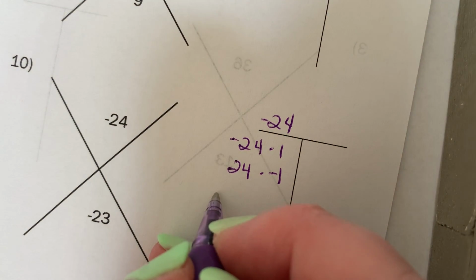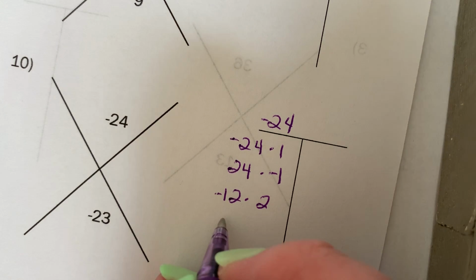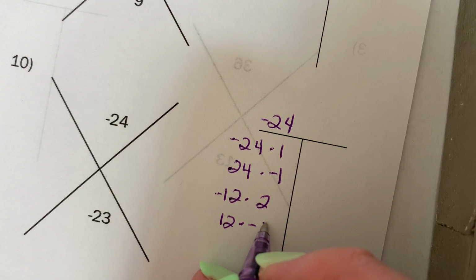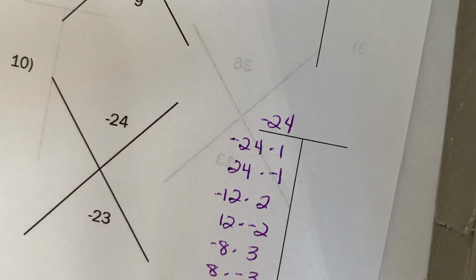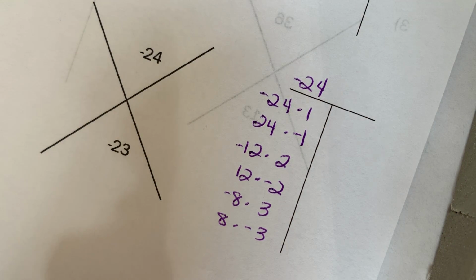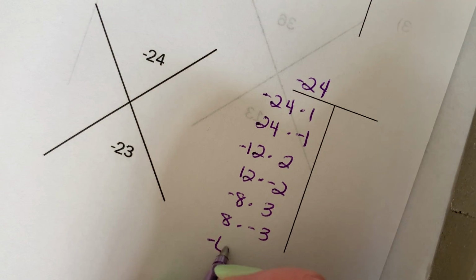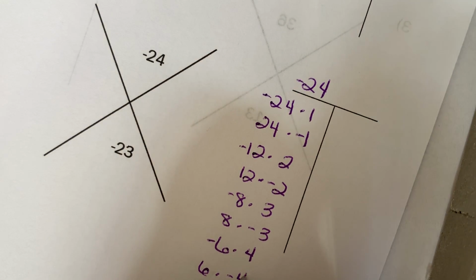You could also have negative 12 and positive 2, or positive 12 and negative 2. You could have negative 8 and positive 3, or positive 8 and negative 3. You could have negative 6 and positive 4, or positive 6 and negative 4.